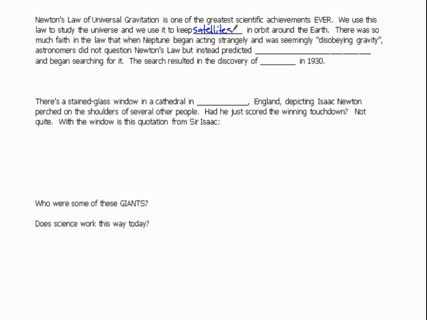There was so much faith in the law that when Neptune began acting strangely and was seemingly disobeying gravity, astronomers did not question Newton's law, but instead they predicted the existence of another planet. And they began to search for it. The search resulted in the discovery of Pluto in 1930.